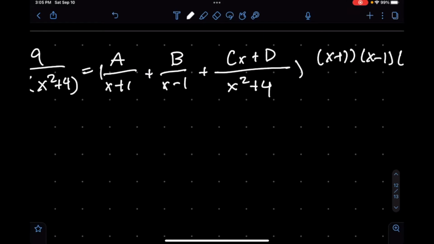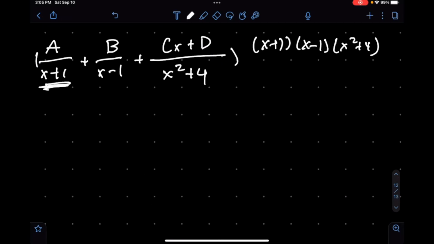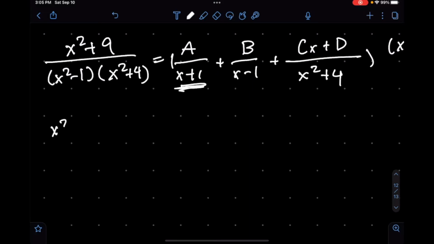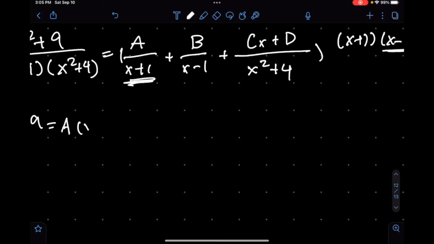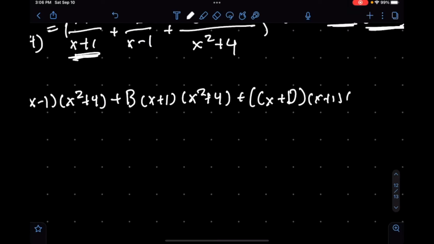So for this one, this already has the x plus 1 term, so we're just multiplying it by the x minus 1 and the x squared plus 4 term. So rewriting this entire thing out, we get a times x minus 1 times x squared plus 4 plus b. It already has the x minus 1 term, so we just have to do the x plus 1 term and the x squared plus 4 term, plus cx plus d times x plus 1 times x minus 1.